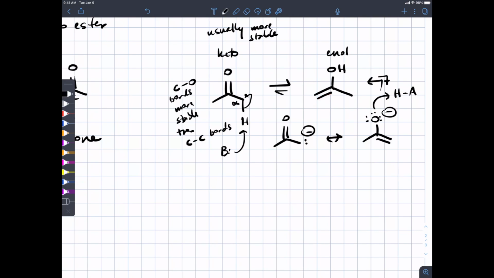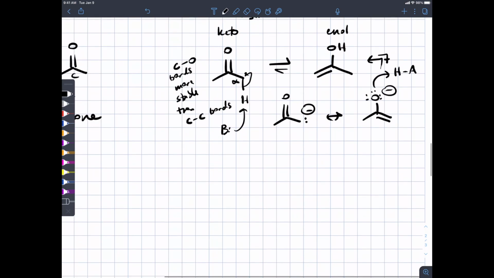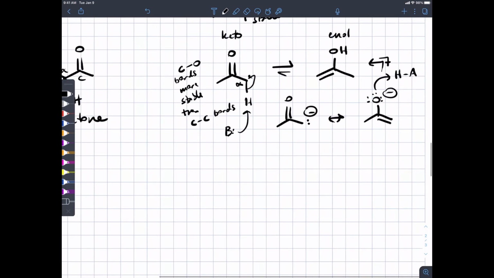Your text takes you through some examples where the enol form is unusually stable. I don't know that we need to talk a lot about that. Here's an example. The enol of the beta diketone we just dealt with here is very stable because you've got conjugation and an intramolecular hydrogen bond.